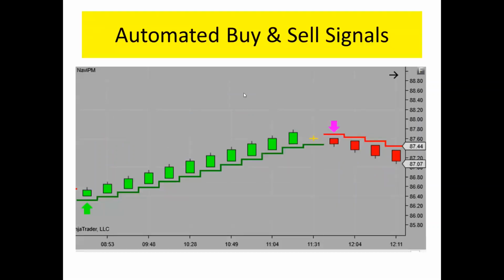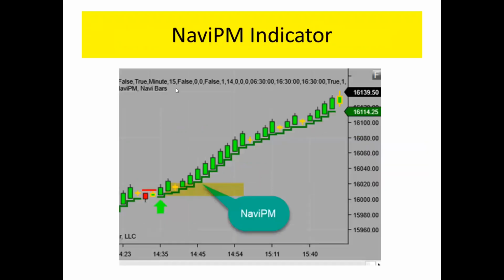All right, so here's another chart. Again, the automated buy and sell signals, green arrows are buy signals, magenta arrows are sell signals. The green line that's underneath the price bars is called our NaviPM indicator.